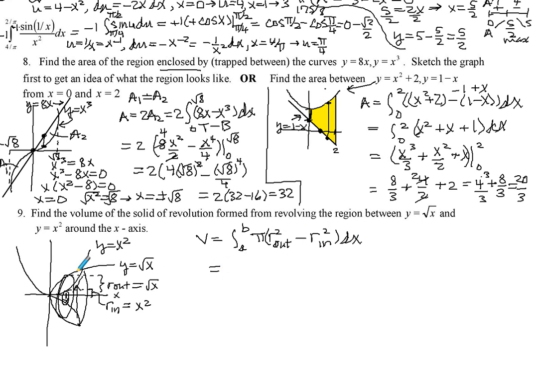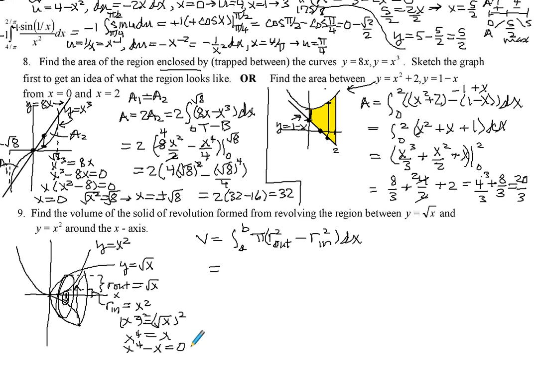So our intersection points here are going to be where x squared equals root x, set the two equations equal. Square both sides here. So x squared squared is x to the fourth. Square root and square undo each other, that's x. So x to the fourth minus x is equal to 0.